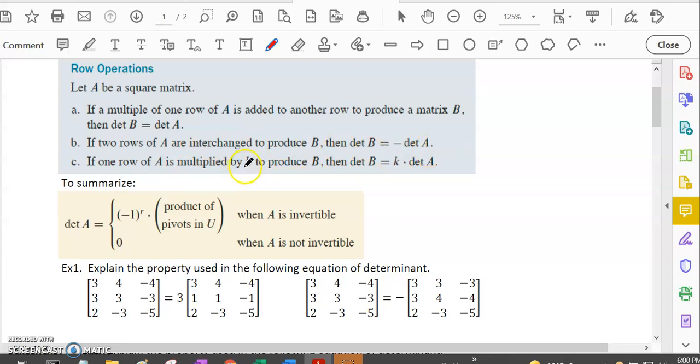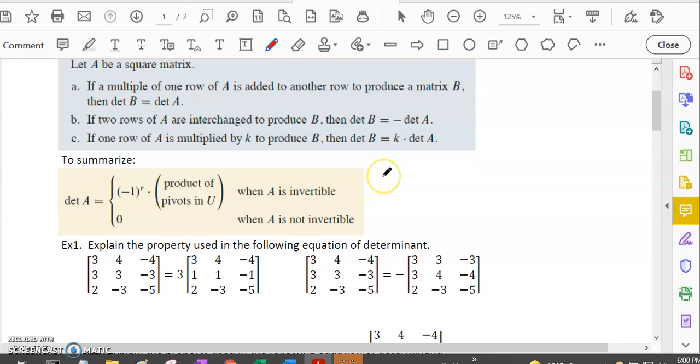If you scale one row of A to produce B, then the determinant will be k times as much. It's like factoring something out of one row. So scaling a row will change the determinant.